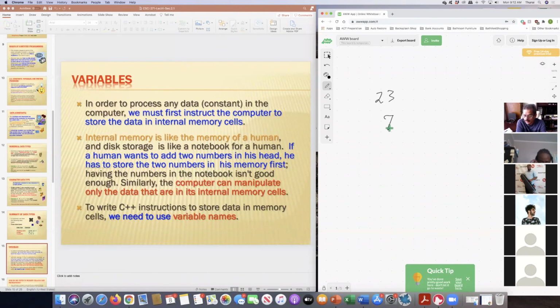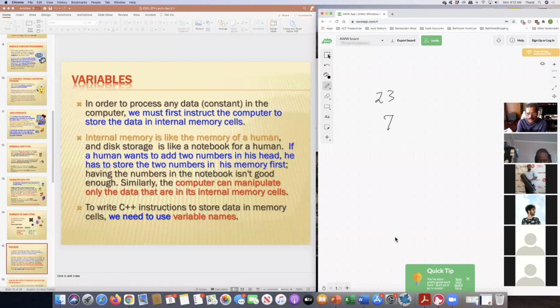We have to tell the system to store the two numbers in two memory cells. That's the first step. And then we have to tell the system, add the two memory cells together and put the answer in another memory cell. That's the second step.